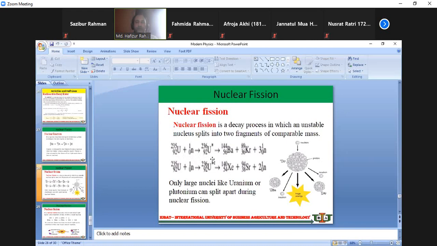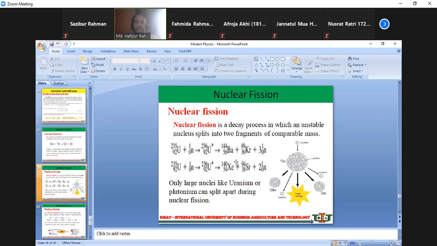Then from the unstable state, it breaks down into two smaller nuclei, that is barium and krypton, and three more neutrons are produced. This is a type of chain reaction. This type of reaction happens in nuclear weapons like atom bombs or nuclear power plants.